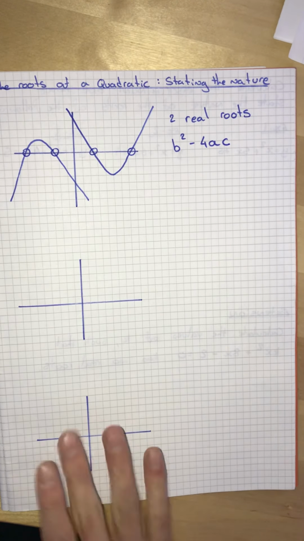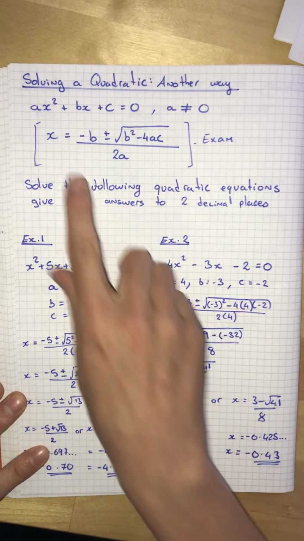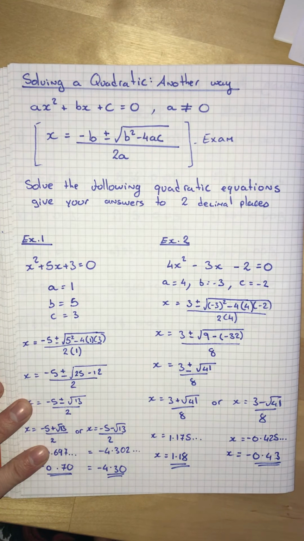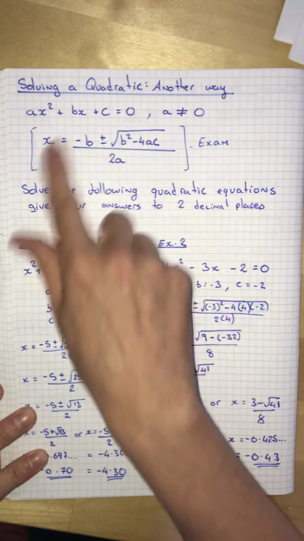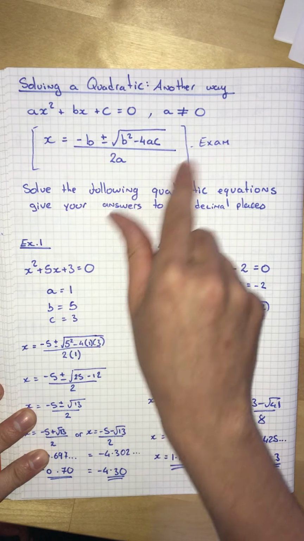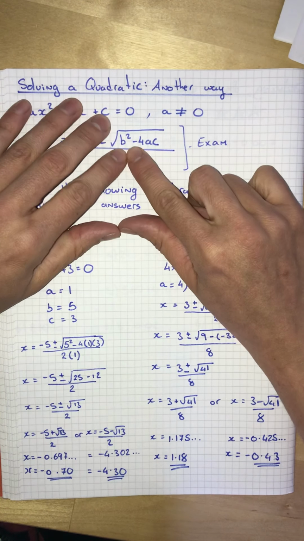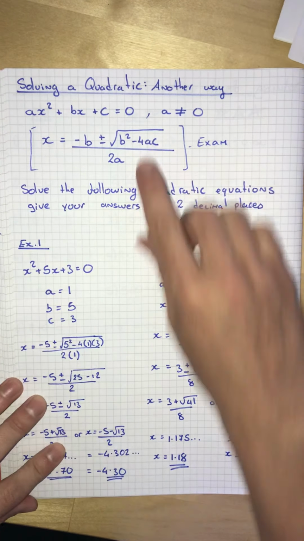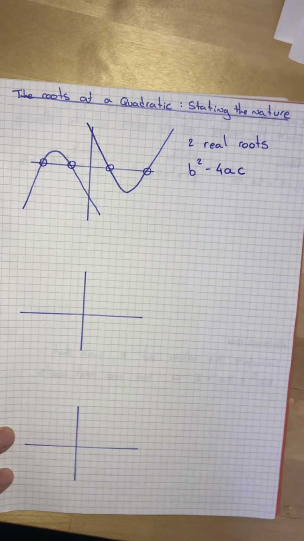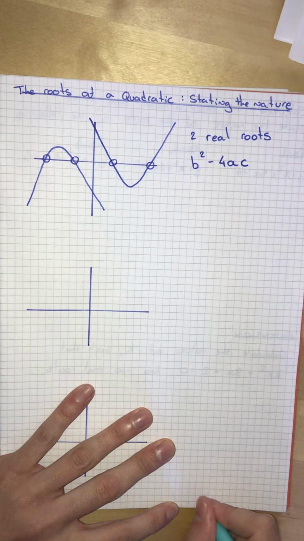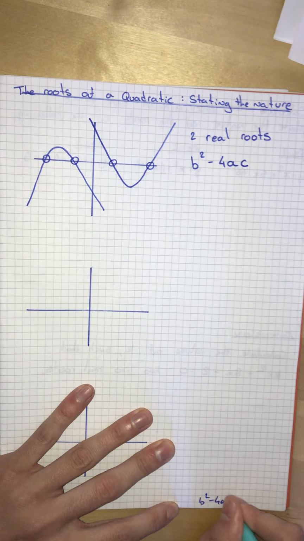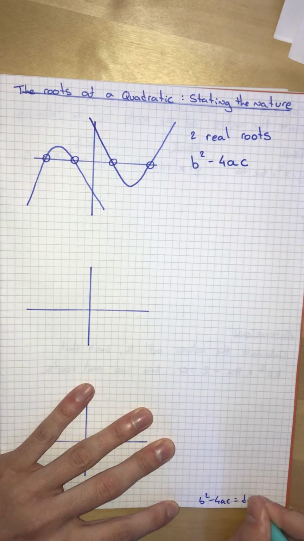So what I'm going to do is return slightly to a previous page. We've got the whole equation here, and then you can see within that square root is the b squared minus 4ac, right? And that is called the discriminant. So I'm going to write that down here. B squared minus 4ac equals the discriminant.